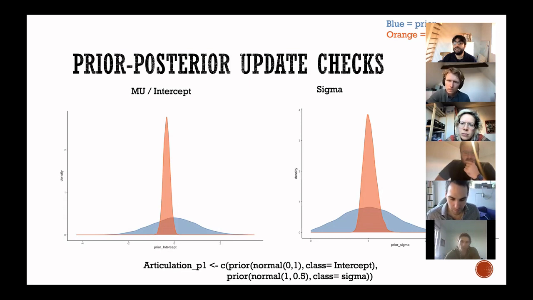Some people like numbers. To know whether it learned enough, there are some suggestions in the literature, for instance, by Gelman, that a model has learned from the data only if you have a standard deviation in the posterior that's 1/10 of the standard deviation in the prior.